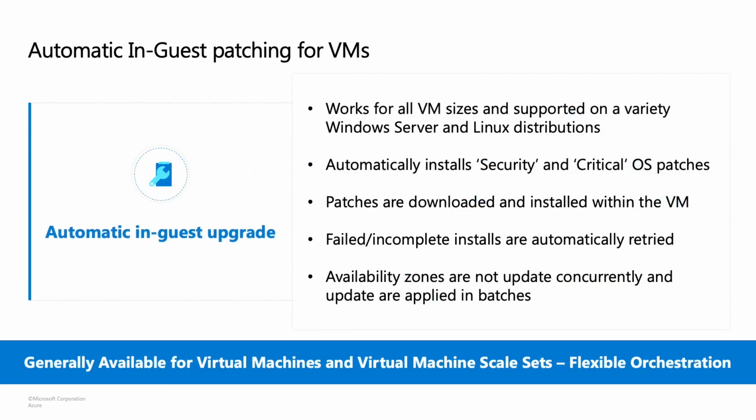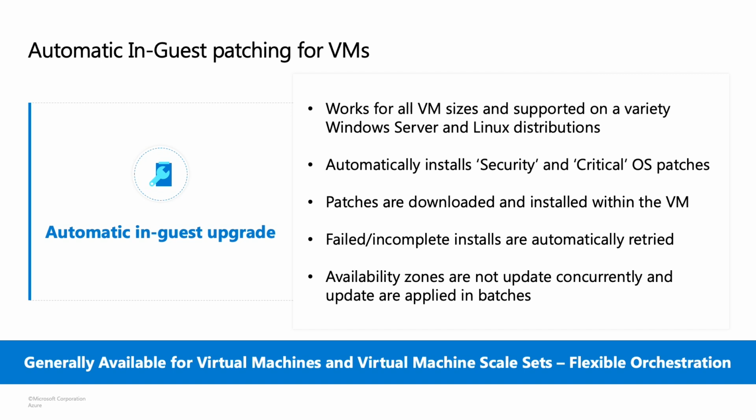With automatic guest patching, we will deploy updates to your Windows servers and Linux distributions for updates which are either security related or critical. Patches will be downloaded and installed, and they will be done in a safe manner, keeping high availability.